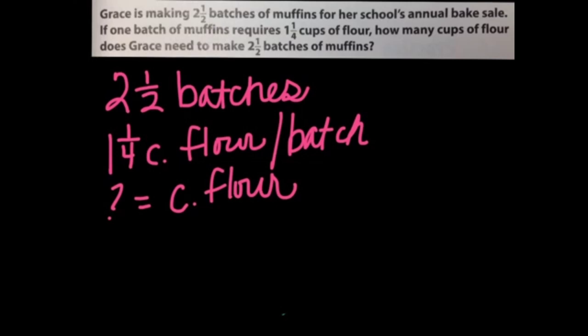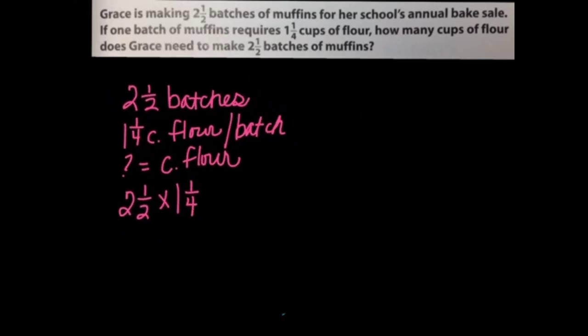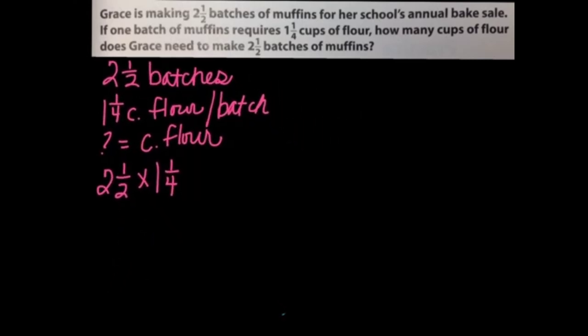So to work this out, my problem is going to be 2 1/2 times 1 1/4. Okay? So when I look at this, I have 2 mixed numbers. So 2 mixed numbers, can't do mixed number times a mixed number. I need to take both of my mixed numbers and change those into an improper fraction. So let's start with our first one, 2 1/2. So whole number times denominator plus numerator.